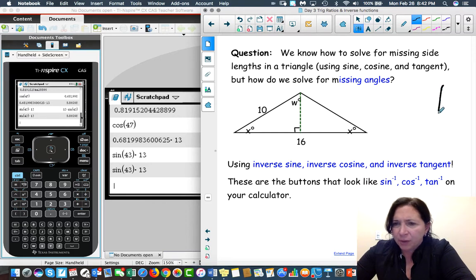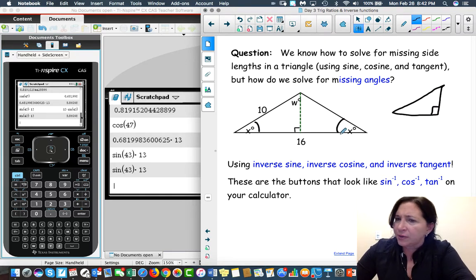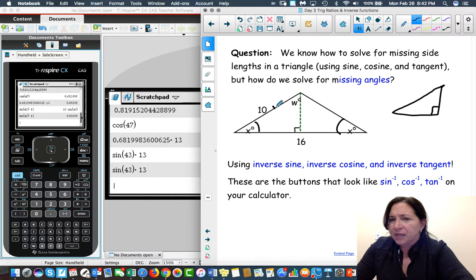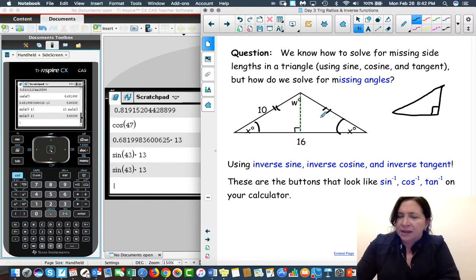So I'm going to rewrite this triangle on the left side. Because these angles are the same, that tells me that my sides are the same. That tells me that it's an isosceles triangle, which means when my altitude pops down like that, it's going to split my base into two equal parts.